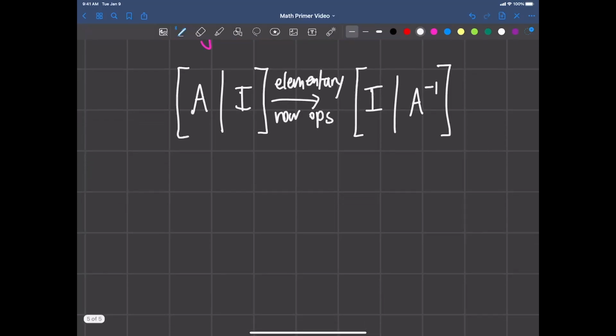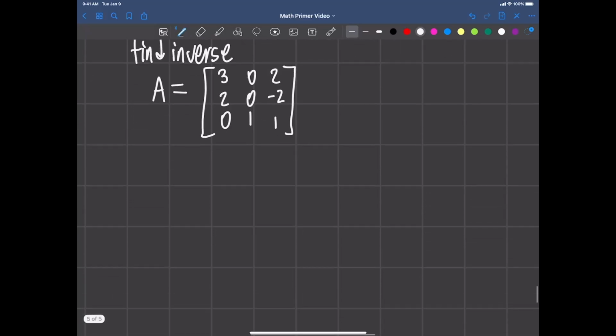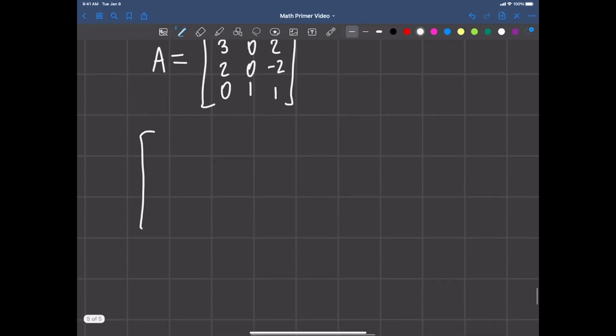So let's find the inverse of A, where A is the matrix here. So we start with the augmented matrix.